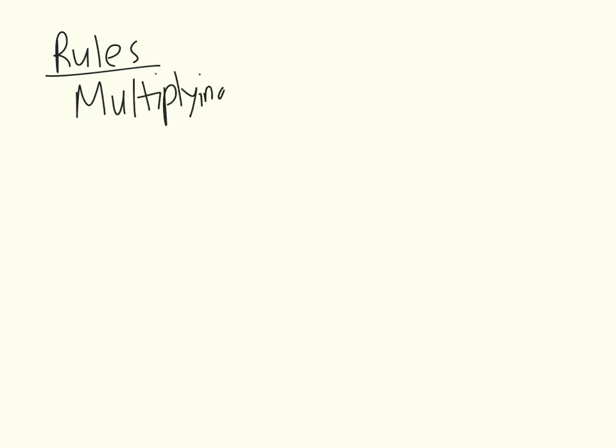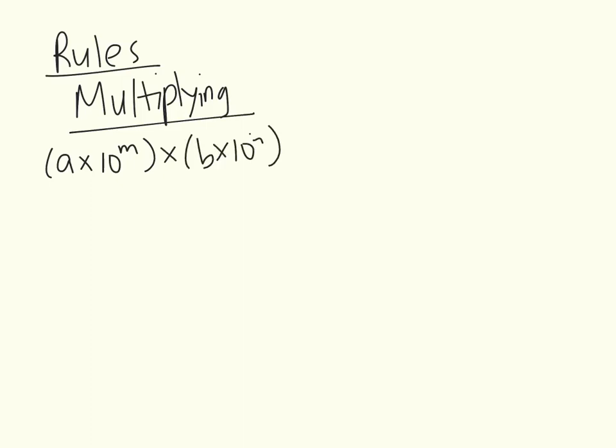Now we're going to talk about the rules for multiplying and dividing numbers in scientific notation. So for multiplying, let's look at a times 10 to the m times b times 10 to the n. For this case, you can use the commutative property of multiplication to rewrite the two coefficients as a times b.